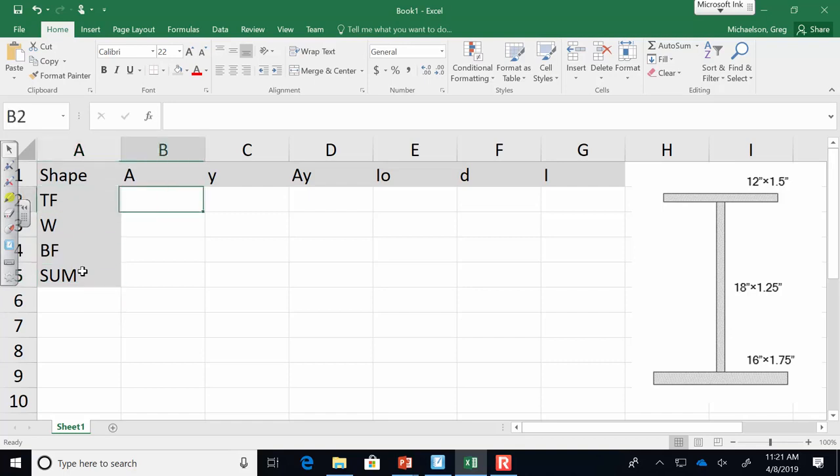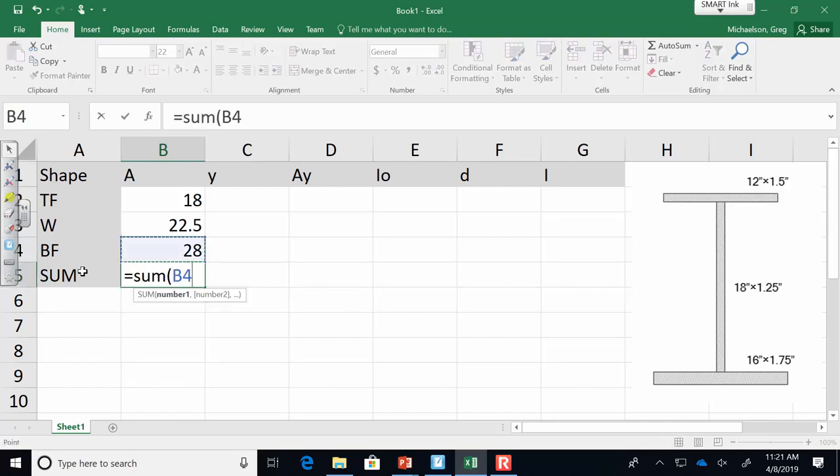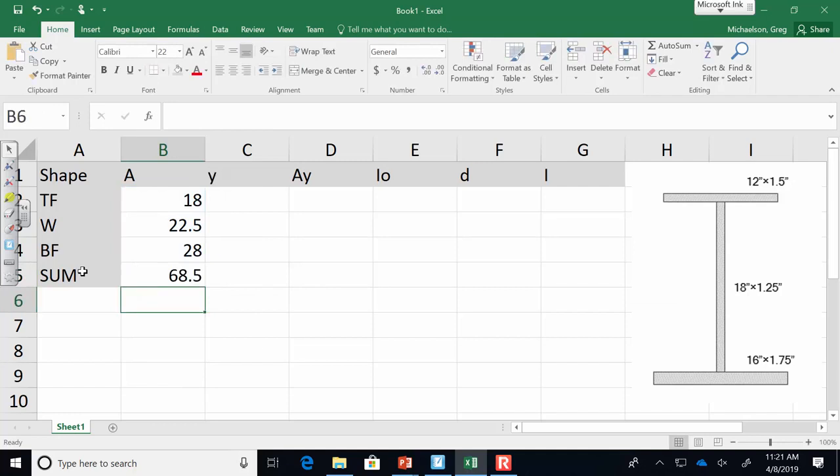The area of that top flange is 12 times 1.5. The area of the web is 18 times 1.25. The area of the bottom flange is 16 times 1.75. Sum that up, right? Y'all with me on this? Am I going too fast?